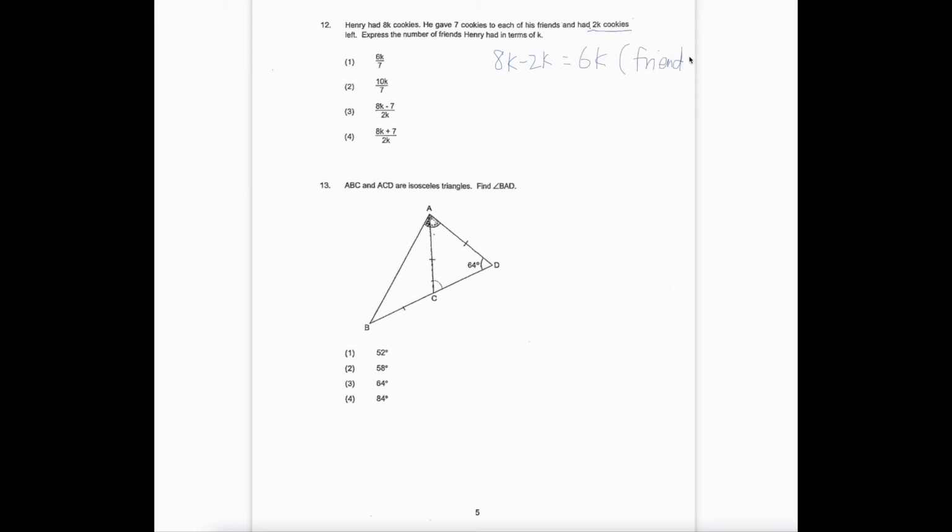Okay? So if each friend had gotten 7 cookies, what does this mean? Let's see. For one friend, and I have 6k cookies, how many friends do I have? I just take 1 divided by 7 times 6k. Okay?